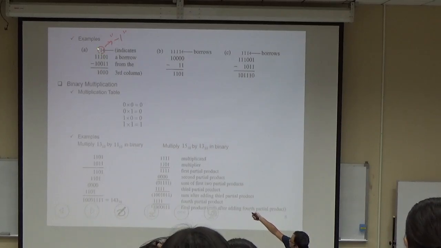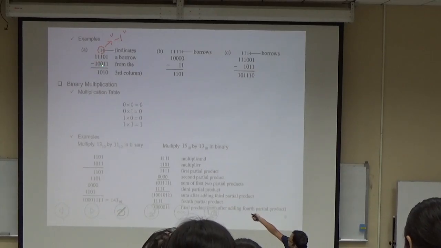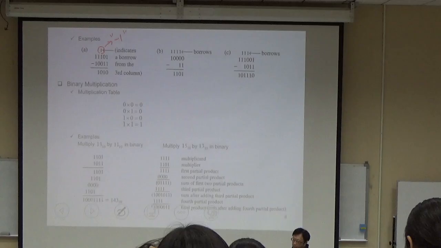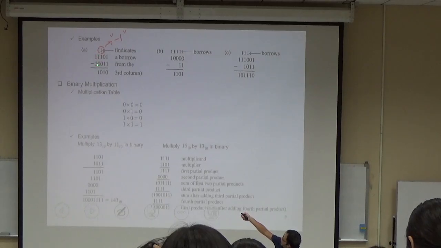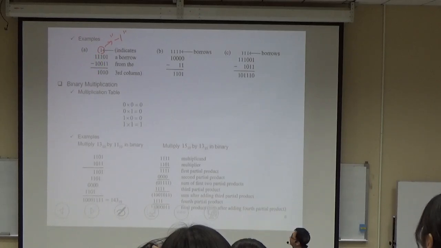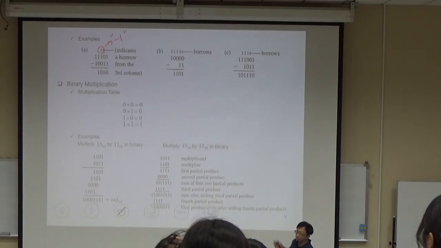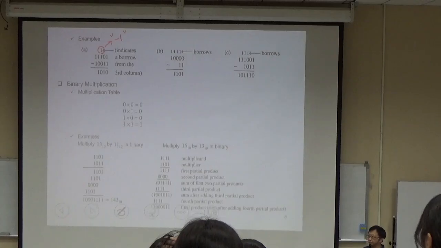This one subtracts the borrow of 1 and becomes 0. Minus 0, okay, 0 here, so we are going to have 0 here. And in the next column, this digit is 1 and the next digit is 0. So 1 minus 0 becomes 1, according to the table. And this one, 1 minus 1 is 0, from the last slide where we showed the subtraction table. So this is the final result.